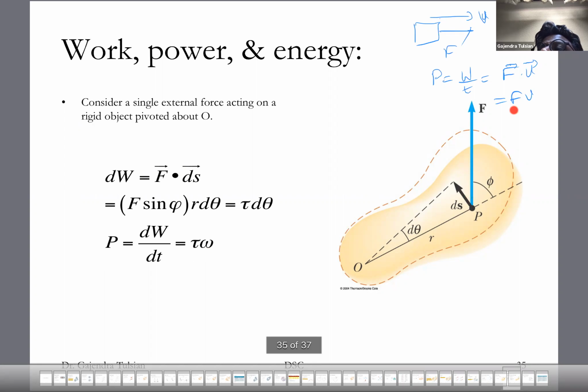Again, F gets replaced by torque, and velocity gets replaced by omega. And so the parallel of this formula is that formula. So the rate at which you're doing work when you're applying a torque to a rotating object is tau times omega.